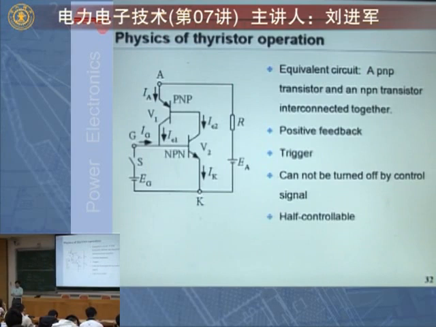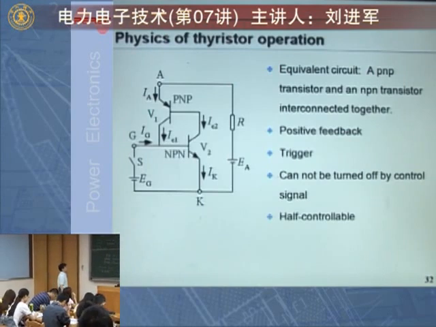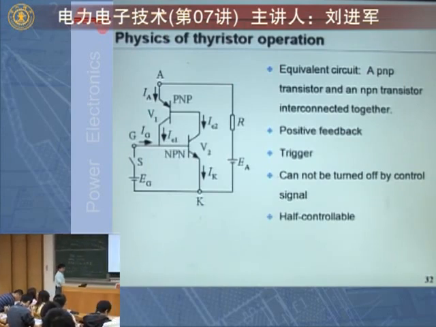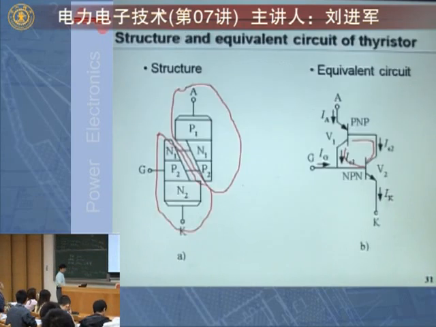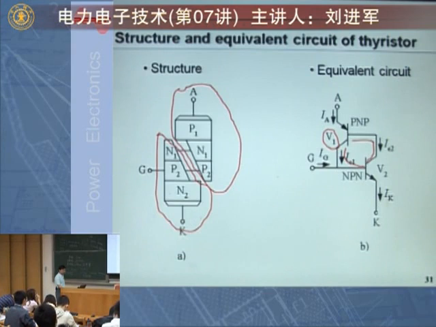This is a little bit difficult, but still you can quickly understand. Remember, in the previous picture, the gate terminal is connected to the P2 layer. And remember, this P2 layer is the collector of the upper transistor V1, and it is also the base of the lower transistor V2.